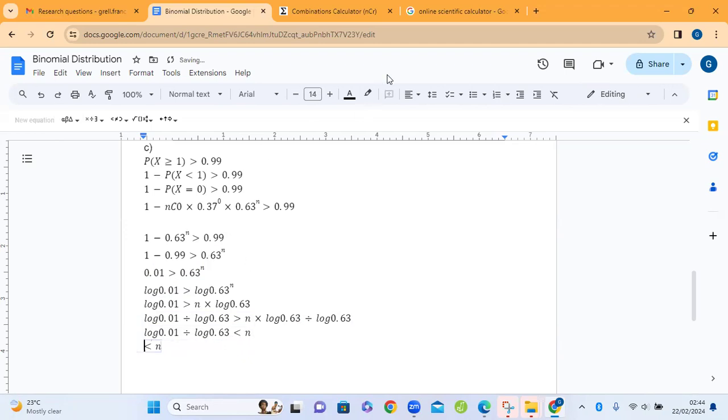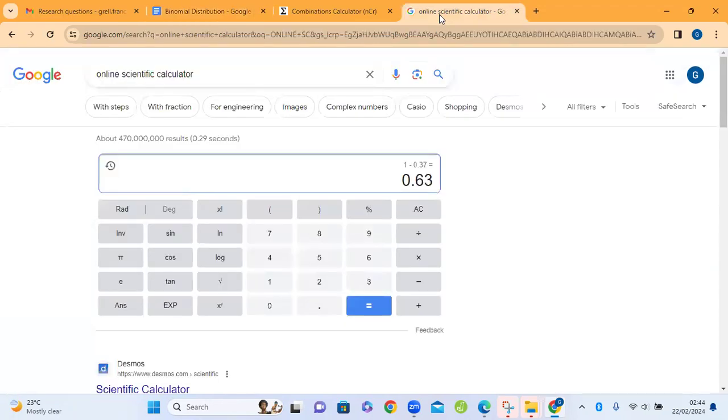Go to our scientific calculator. We find what is log of 0.01, close bracket. We have to close the bracket and then divide by log of 0.63.